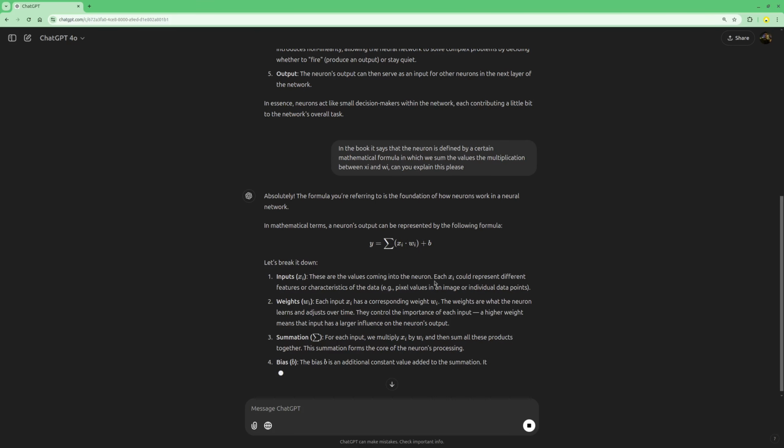So what are the inputs? So these are the values, the x's are the values coming into the neuron. Okay, so what is x? X is a different feature of the data, like the size of the house, like the number of rooms. Okay, yeah.